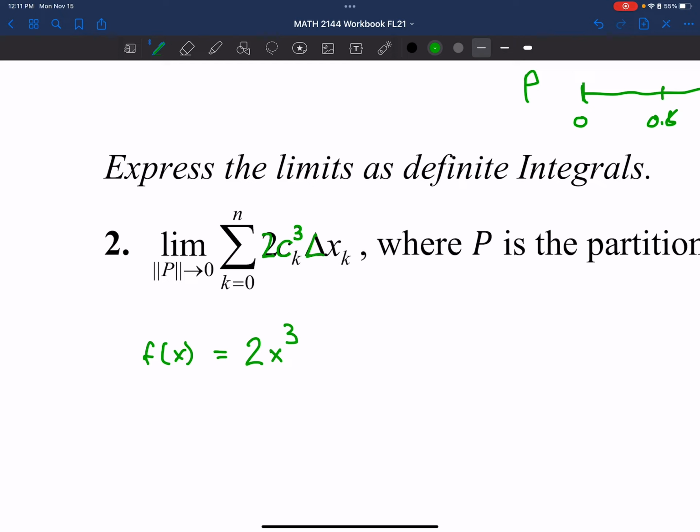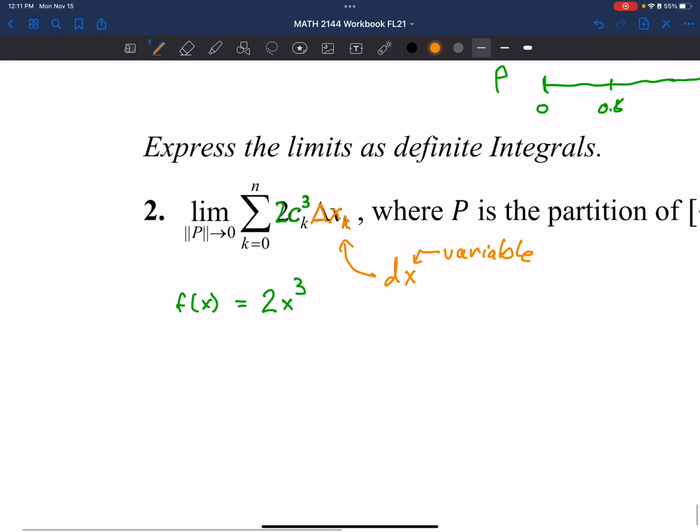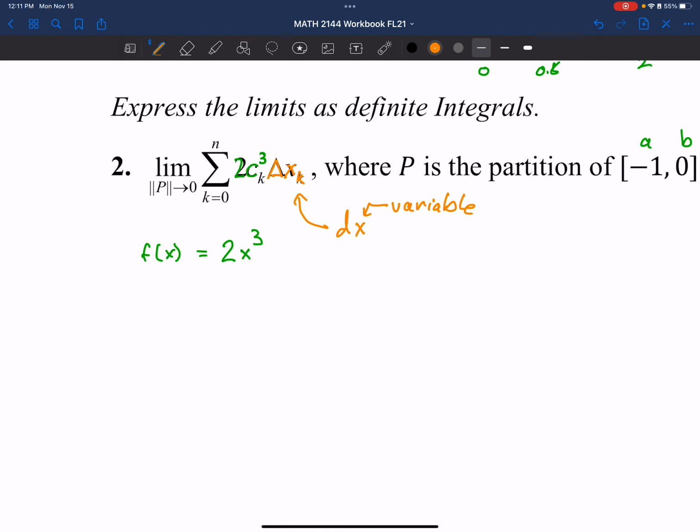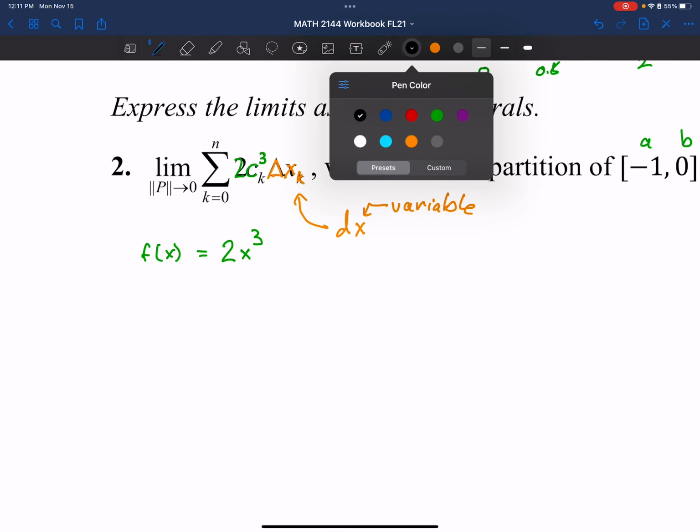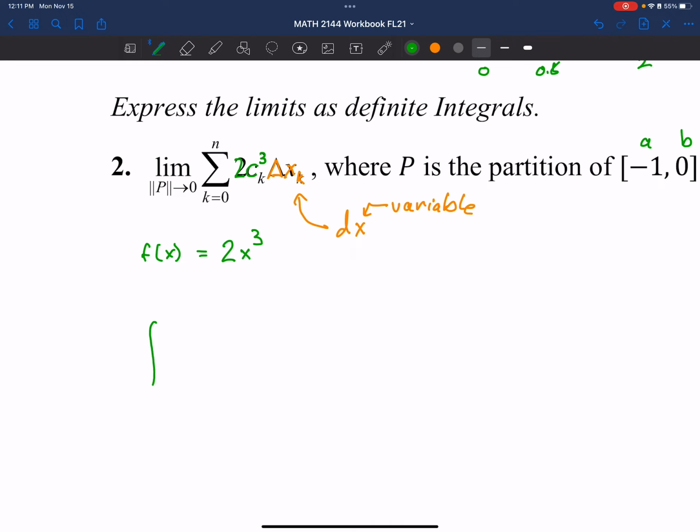This right here, the delta x sub k, is just the change in the x values. So it's telling me that my variable is x. So with that, let's go ahead and write this as a definite integral.